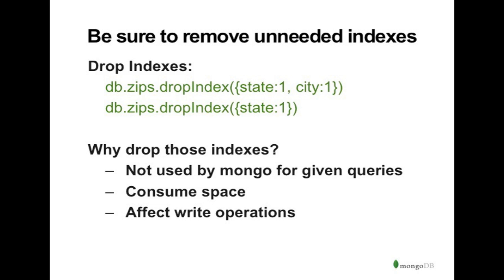They also affect your write operations, because MongoDB has to maintain the associated indexes for each write operation as well. How do I drop indexes once I confirm the good indexes are being used? If I do not want the unnecessary indexes, then I use the drop index command with the syntax shown in green in this slide.